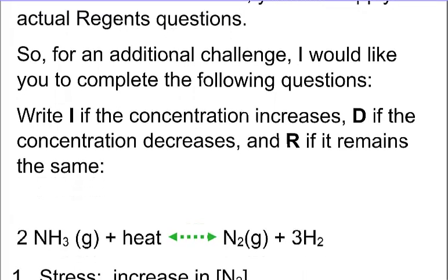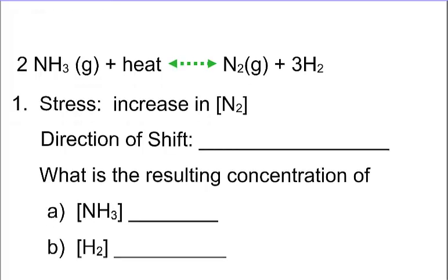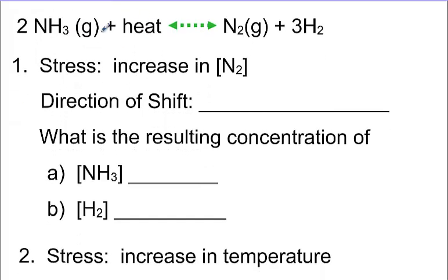Write an I if the concentration is going to increase, a D if it decreases, or R if it will remain the same. Now, we are dealing with gases here, so you need to keep that in mind if any of this is going to affect or not affect certain things. The first one asks you the stress, if you have an increase in concentration of N2.